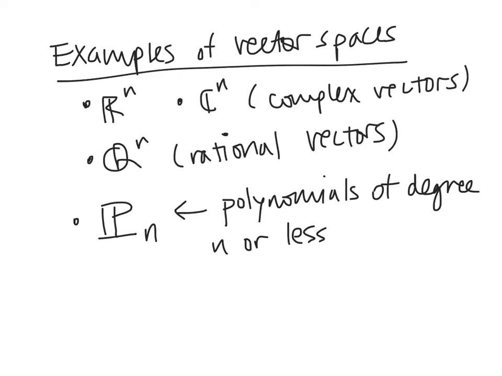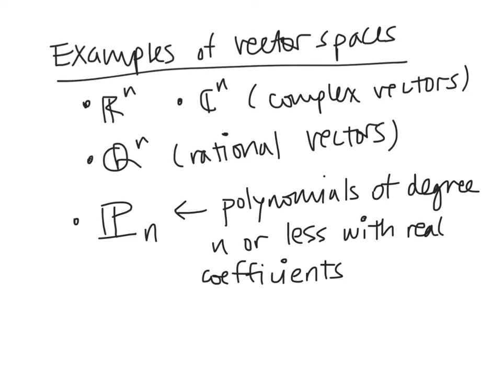Doesn't have to be real, but we'll say real for now. So these are all examples of vector spaces. Some you're more familiar with and some you're less familiar with. So these are some examples, and there are more exciting examples.